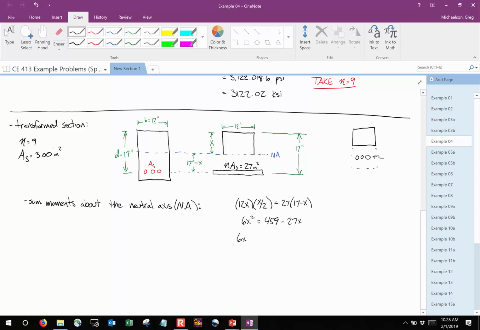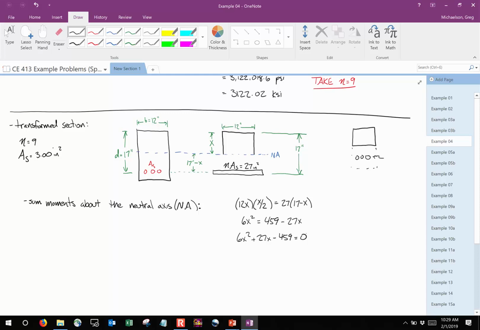So we have 6x squared and we have that. You can do that, right? The Casio FX-115ES Plus can. That's an engineer's answer right there.